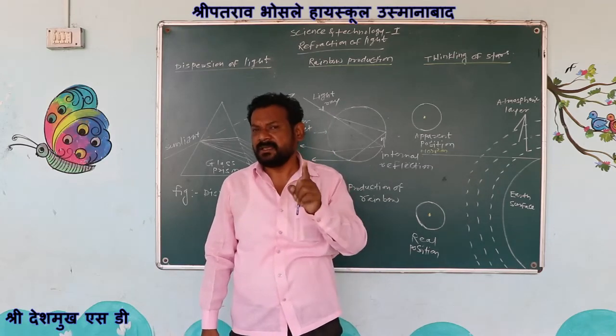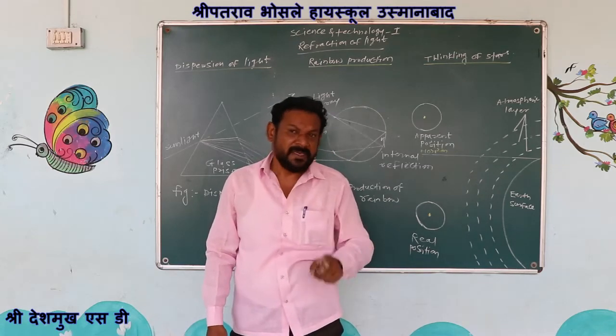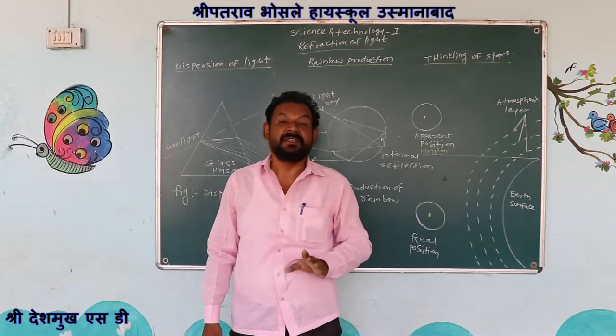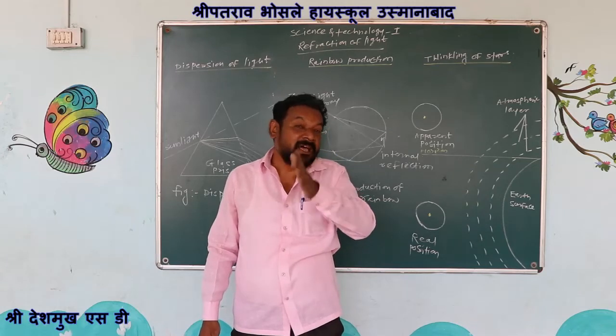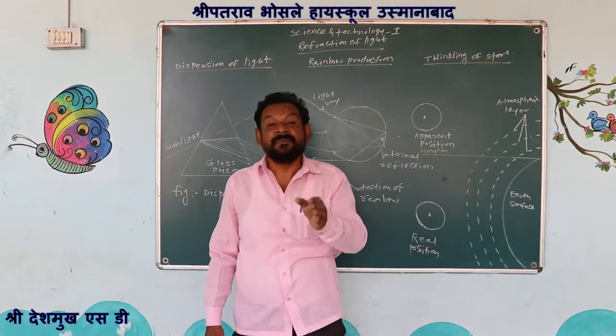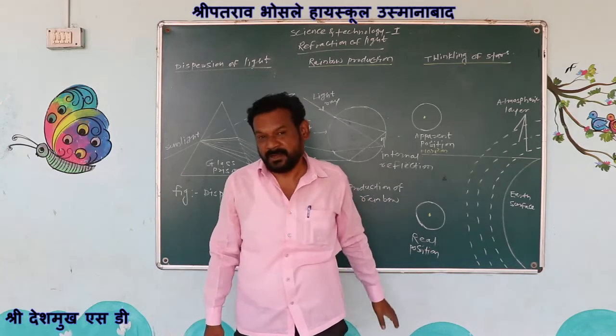Sir Isaac Newton is a well-known personality. He was a scientist. During that time, he used a glass prism to obtain a spectrum, that is the sun spectrum.